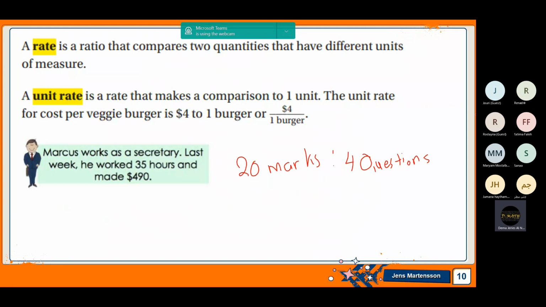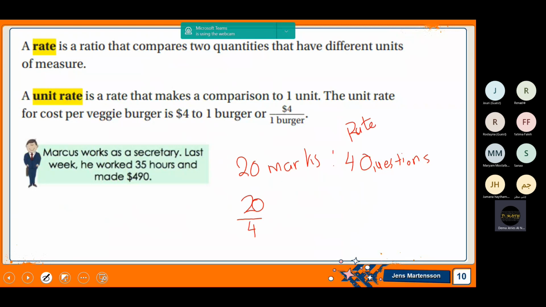The first one I'm talking about marks, the second one I'm talking about questions. So they are different units, different quantities. Now, if I said 20 to 4, number to number, that means I'm talking about a rate. It is like a ratio, but with different quantities.